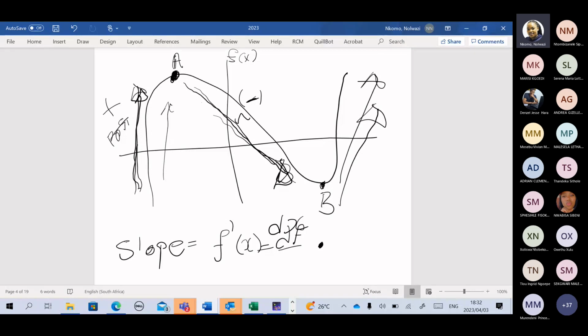Let's say we have a graph like this. We have positive numbers here, maybe 2, 1, 0, minus 1, minus 2. If we are moving from positive to negative, before we get to negative, we need to reach 0, right?